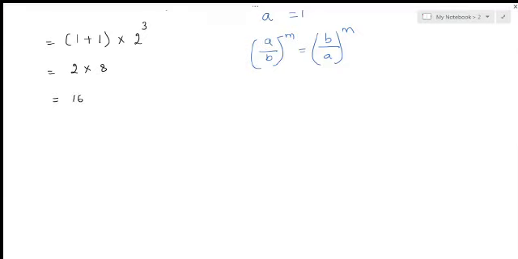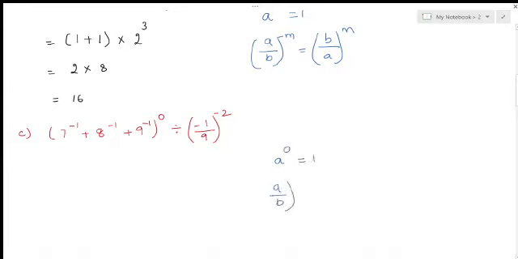Next, C question. 7 power minus 1 plus 8 power minus 1 plus 9 power minus 1, whole power 0, divided by minus 1 divided by 9 whole power minus 2. We have seen already in the laws that any expression to the power of 0 will give us 1, and (a by b) whole power minus m: if the power is negative, the number will become the reciprocal and the power will change to positive.